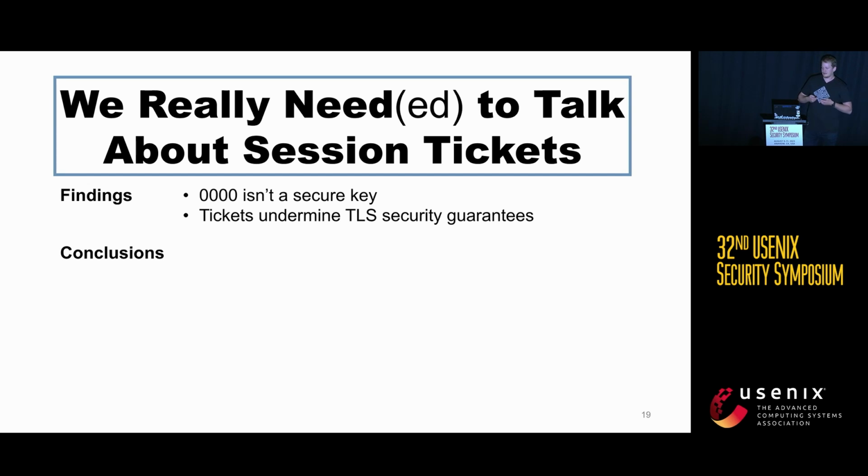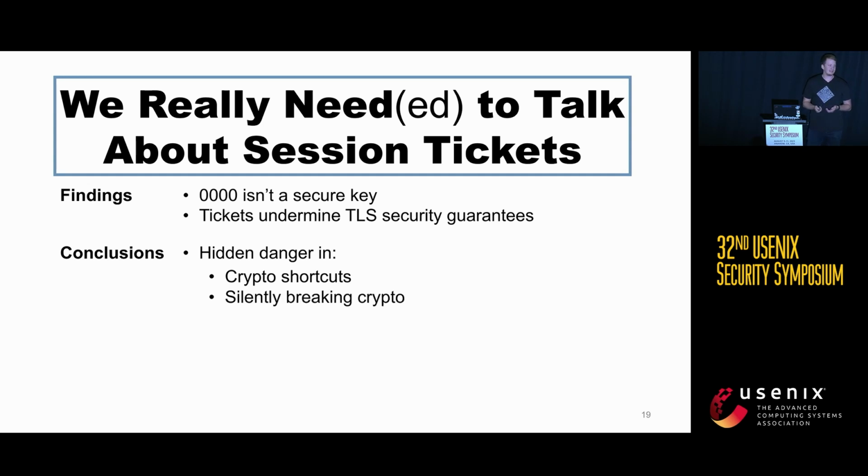So we think that there's a hidden danger in cryptography shortcuts, because we got rid of the key exchange and the authentication of the server and rely on the tickets. And this is an issue because we had secure measures and now with the session tickets we shortcut them and seemingly this can break easily. Also, this breaks silently. The ticket still worked and nobody noticed, so this is an issue and shouldn't happen anymore.